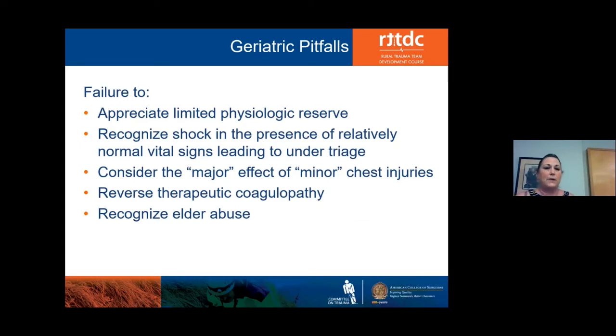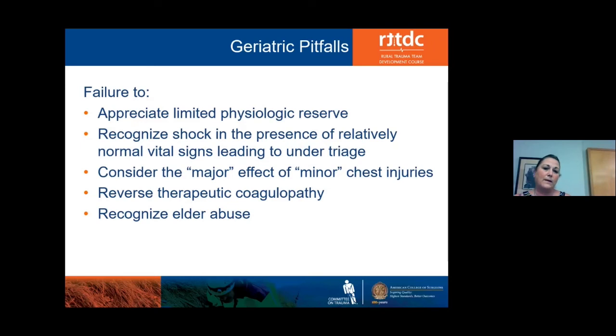So that minimal blood loss may cause them severe hypotension in the geriatric patient. Recognizing shock in the presence of relatively normal vital signs, leading to under triage. Consider the major effect of a minor chest wall injury, reverse therapeutic coagulopathy, and recognize elder abuse.